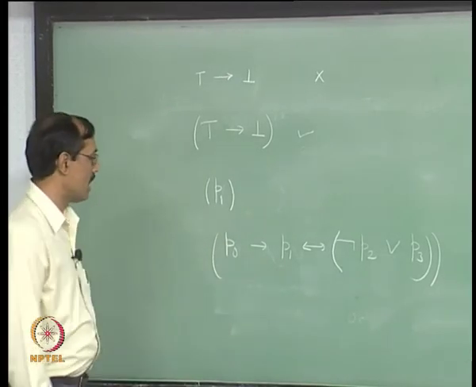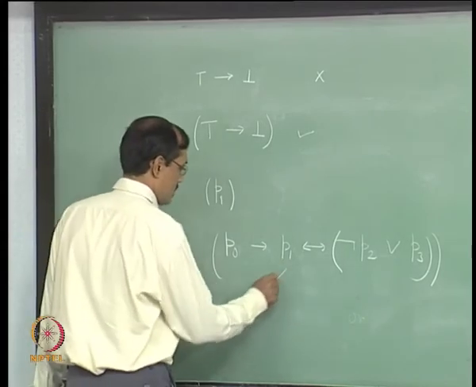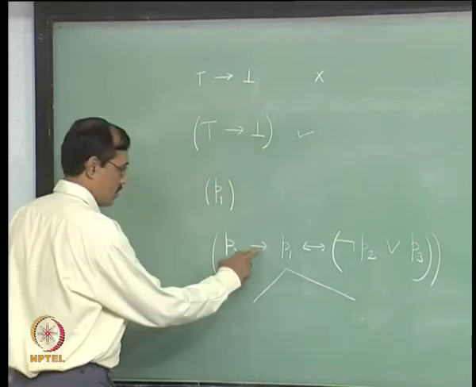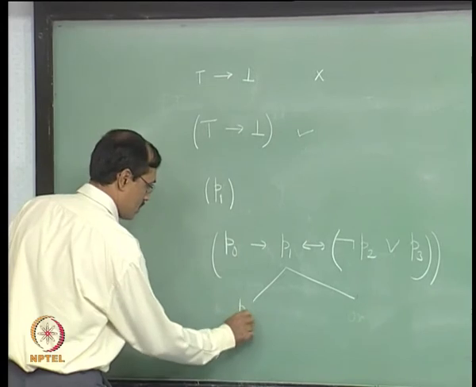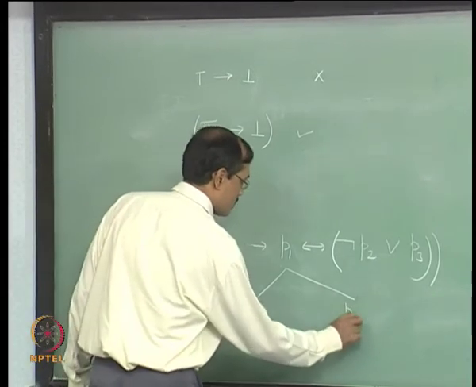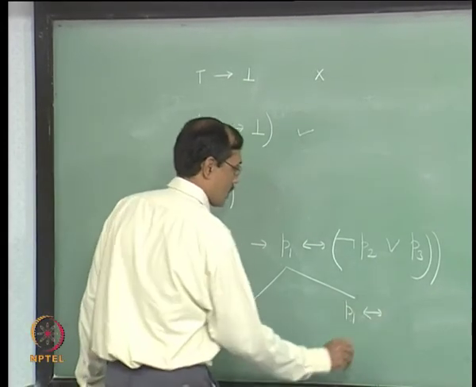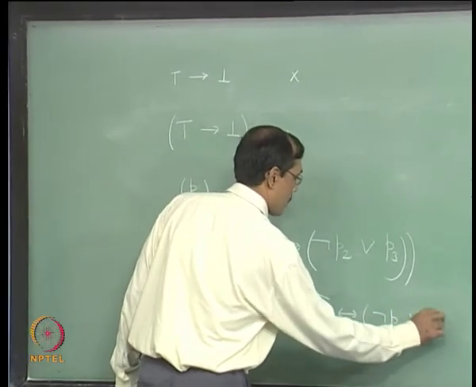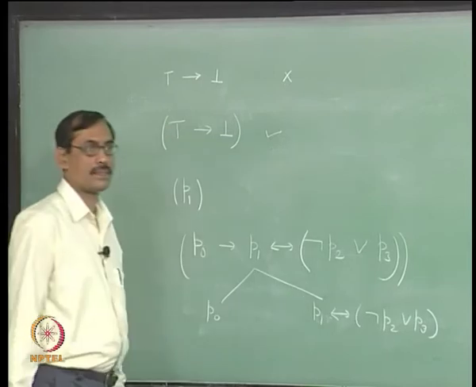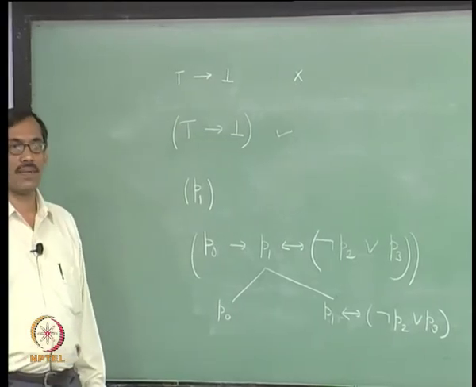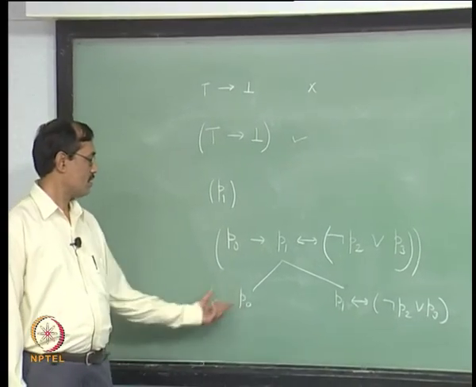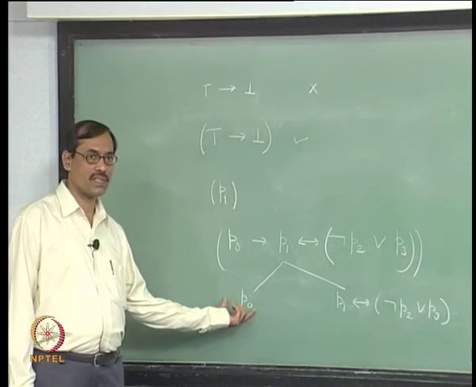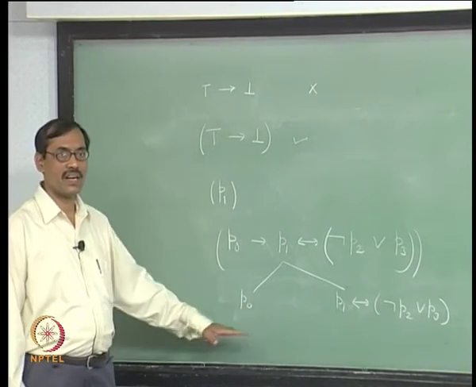If I see it from the left, we can parse it with this as the connective, with P0 on one side and the other one being P1 implies, with parenthesis, not P2 or P3. This is an atomic proposition, so it ends there.